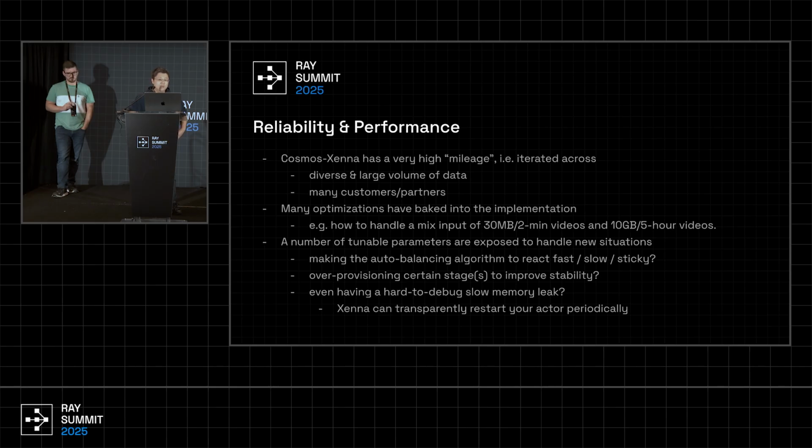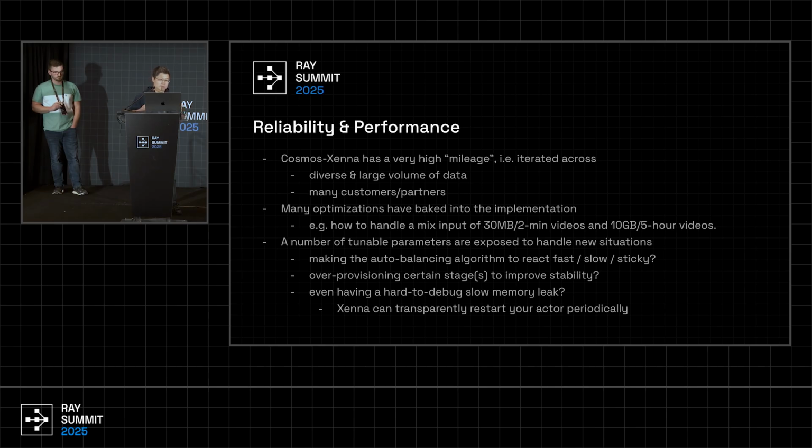Also over time, we have built a lot of tunable parameters that are now exposed to possibly handle new situations. For example, if I want to make the auto-balancing algorithm react faster or slower, or be a little sticky, there's a parameter to do that.